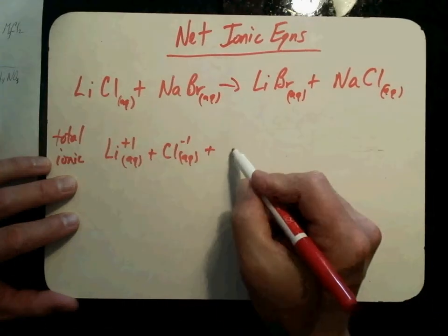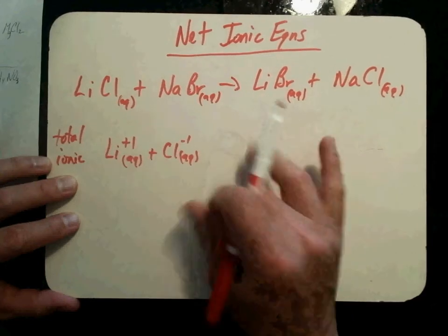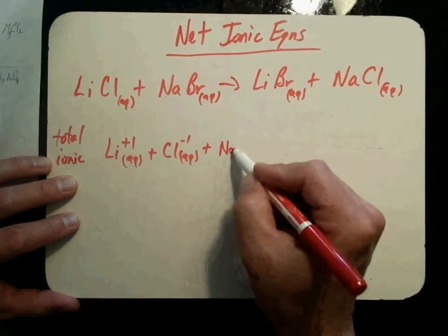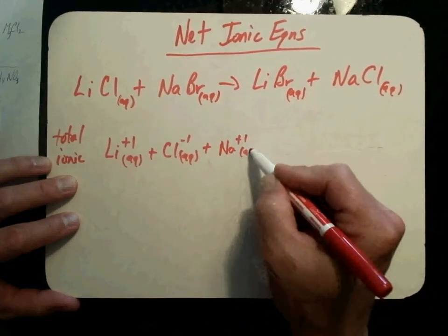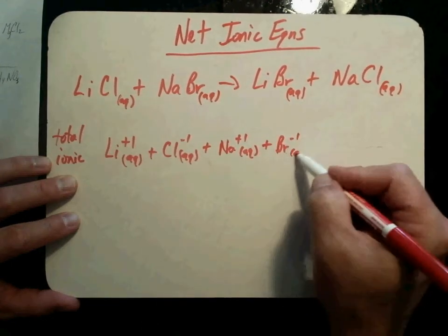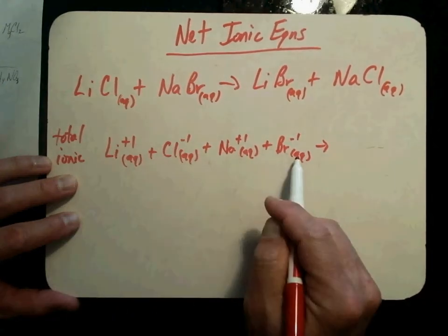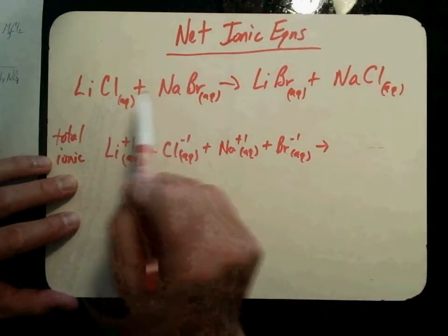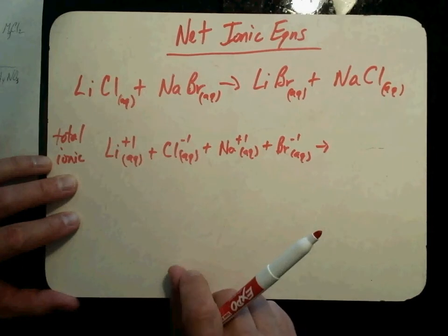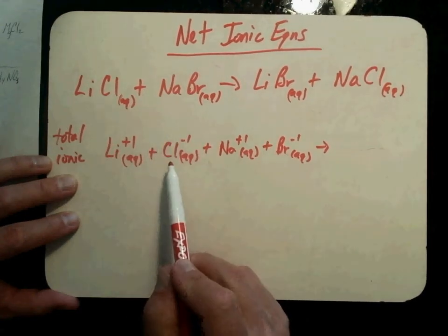Okay? And this is going to produce, so I'm going to have the sodium, AQ. This is a lot of writing, and I know that. You just have to write all this down. Okay, so all of this is really what's happening when we write this and this. Now this is different from first year chemistry, because in first year chemistry we don't take this step because we're not going to the level of AP Chem.